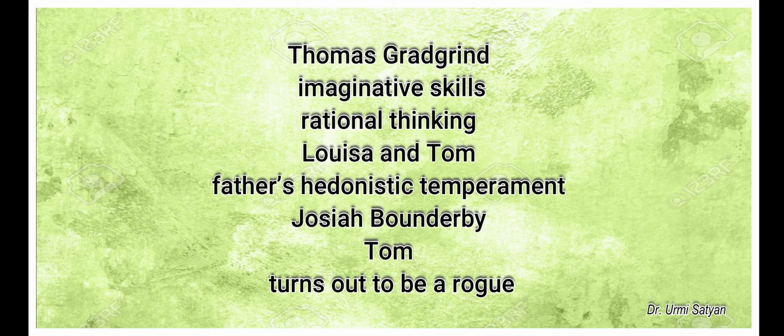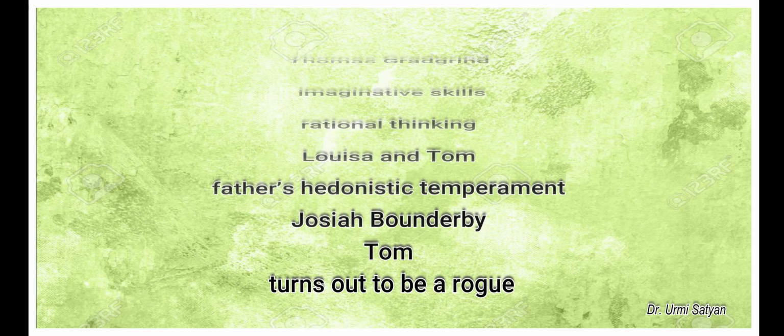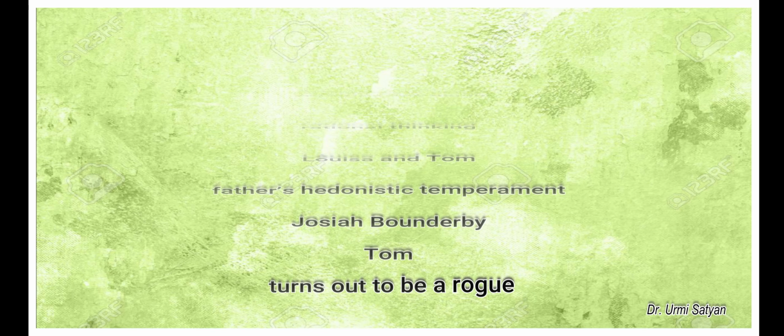Gradgrind's utter rationalism adversely affects his children's lives. Louisa succumbs to her father's hedonistic temperament that compels her to marry Bounderby, who is a middle-aged rich man with the ownership of a factory and a bank. Unlike his sister, Tom evades his father's extreme rationalism and turns out to be a rogue.